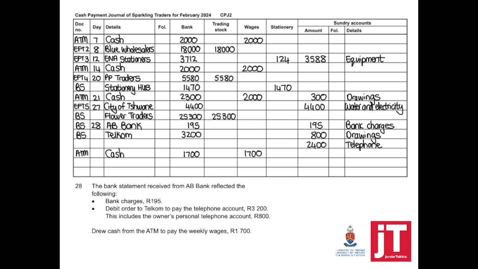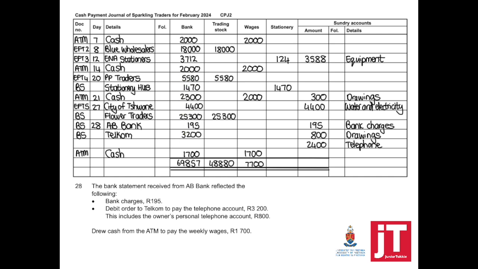Drew cash from the ATM to pay the weekly wages on the same day, day 28. Details: cash, bank 1,700, wages 1,700. If we are done with all the transactions, the next step is to draw a line and to add each column.